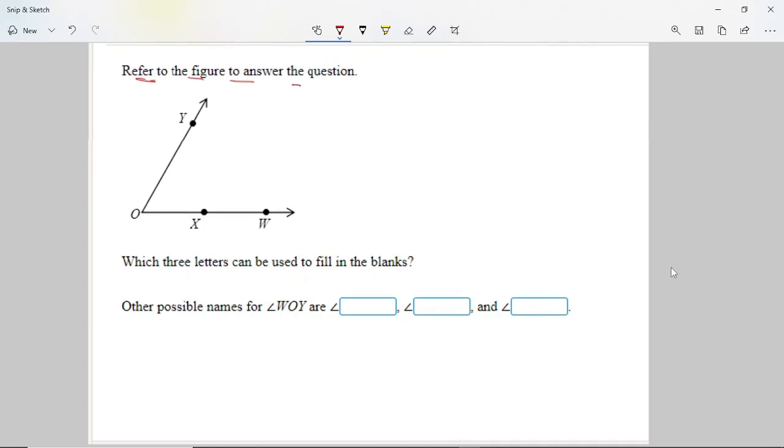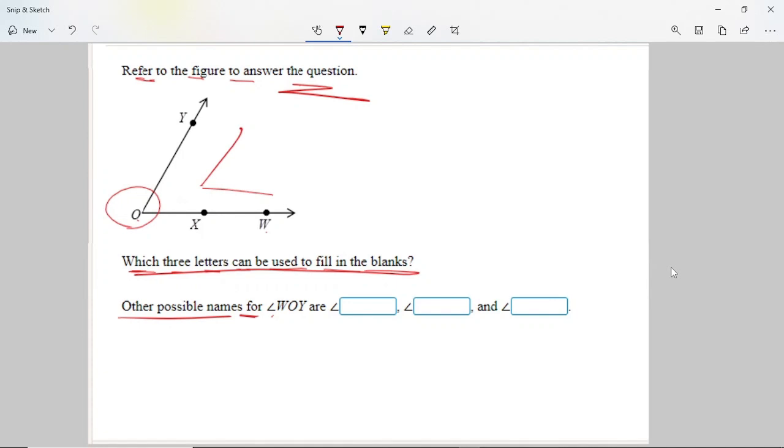Refer to the figure to answer the question. I have this angle, O, and these two sides, OY and OW. So here saying which three letters can be used to fill in the blank. Other possible names for angle WOY, so they want three names for the angle WOY.